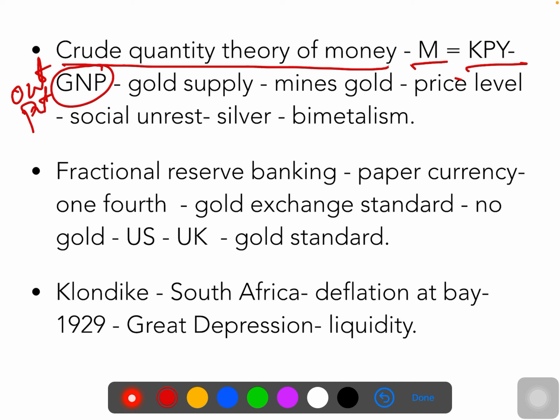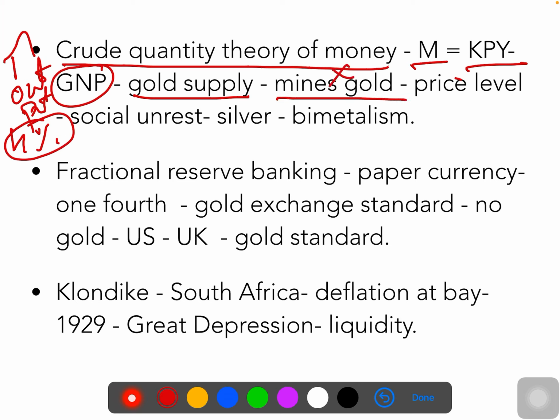Output increased. The GNP is going to increase at the rate of 4% per year, and the gold supply also increases 4% per year, and the prices will be very much stable.